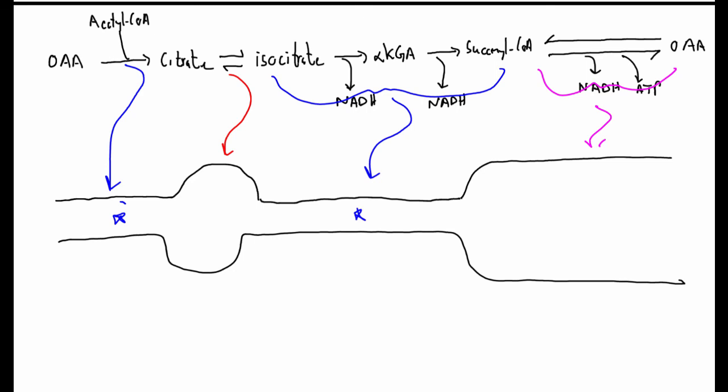So this new condition would be something that looks like this. I'll go ahead and draw it using yellow. And what we would see here is this. It would look something like this now. Where our rate limiting steps are not so rate limiting anymore, meaning that we would have some fairly wide lanes opening up here so that material can be taken through the citric acid cycle in order to produce the NADH, in order to make the ATP that the cell is needing.